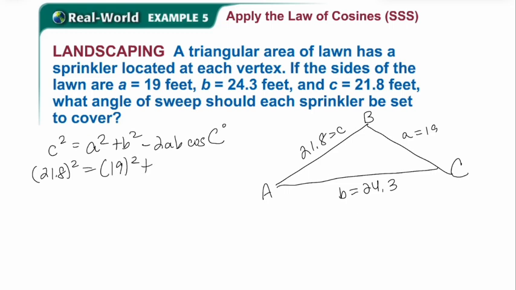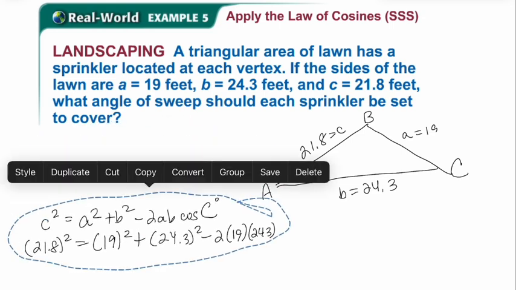Little b is 24.3 minus 2 times a times b. Okay, I'm going to pick this up, scooch it down here so I have more room.